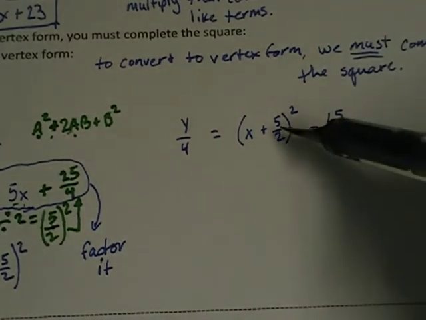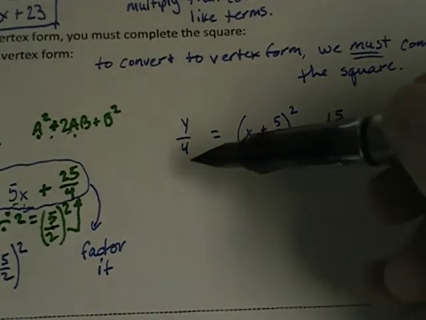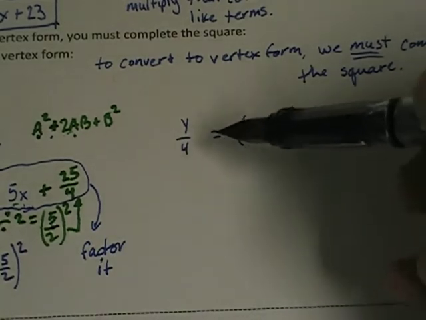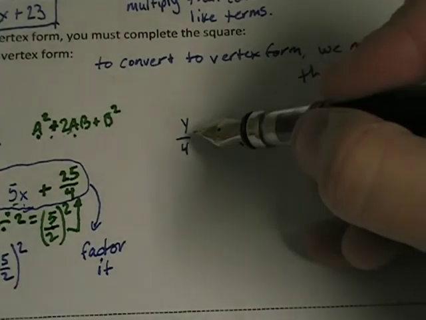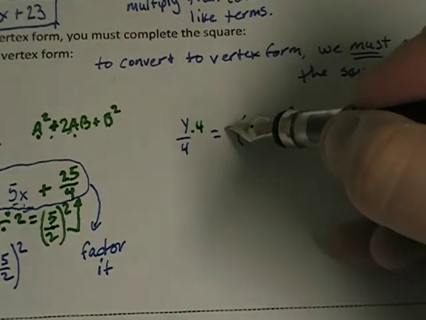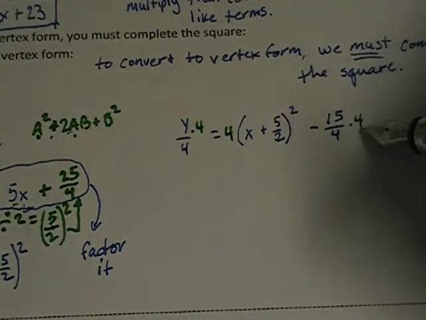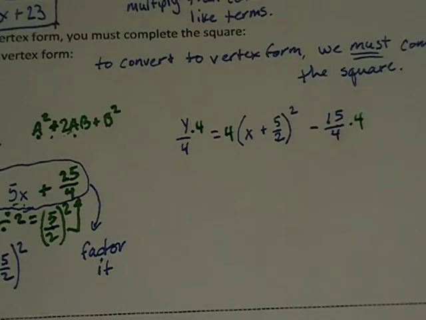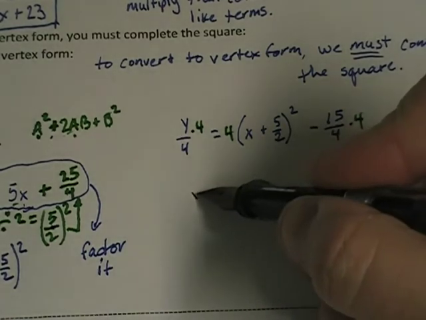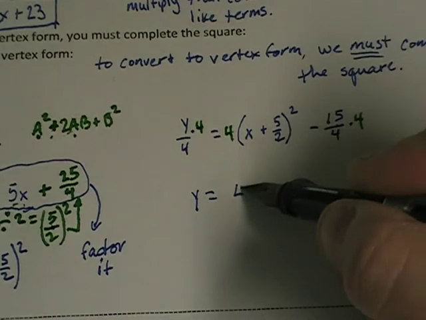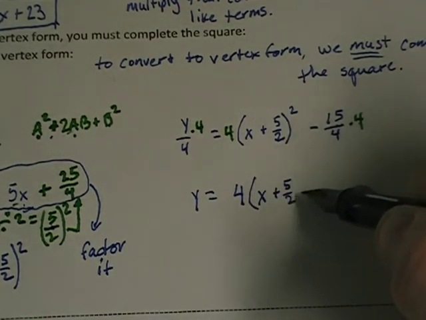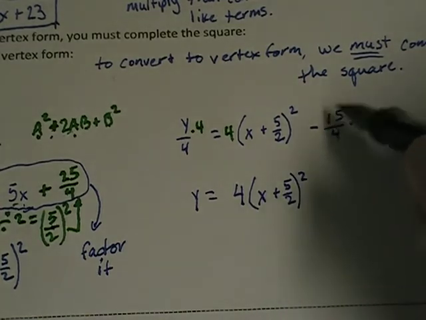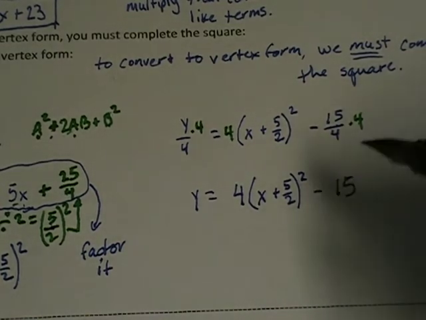Okay, so now we've got our h, we've got our k. I need to solve for y, so I'm going to multiply by 4. So I come in, I'll use a different color ink here. We're going to multiply by 4, multiply by 4, and multiply by 4. Multiply every term by 4. And we end up with y equals 4 times x plus 5/2 squared minus 15.